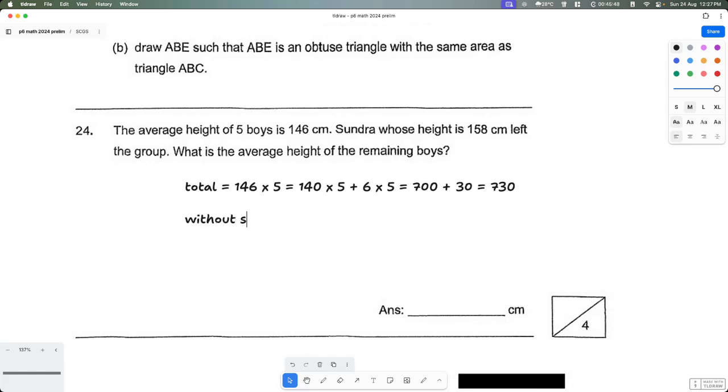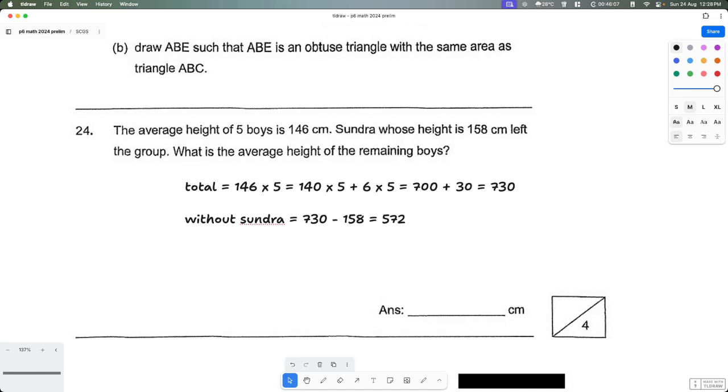So now the total without Sandra is equal to 730 minus 158. So with that, this will be 572.